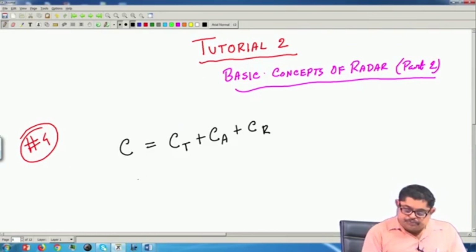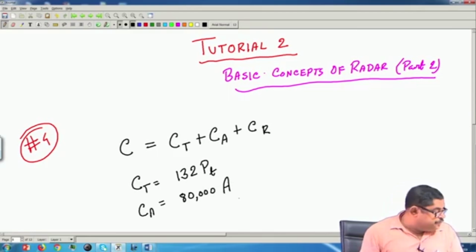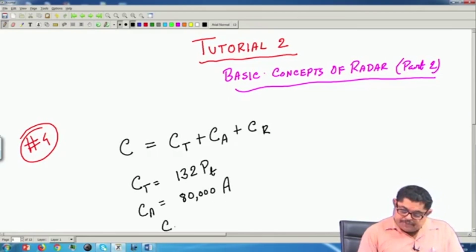Now, it is said that CT, that is 132 rupee into PT, that is said that per each watt. Similarly, for CA it is said 80,000 into area of the antenna, and for CR it is at a fixed cost.